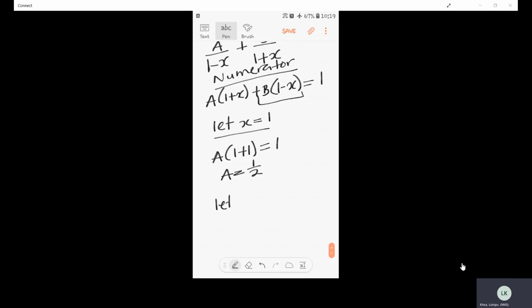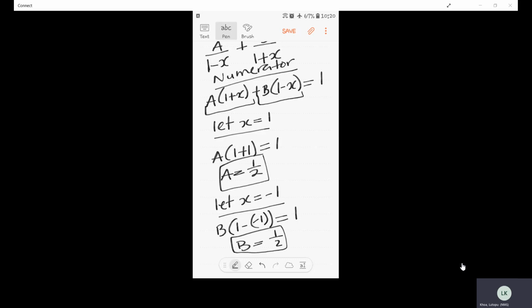And then we let x equal to minus 1. This means that this component will now disappear. So you'll have b times 1 minus negative 1 is equal to 1, which means that b is also equal to a half.